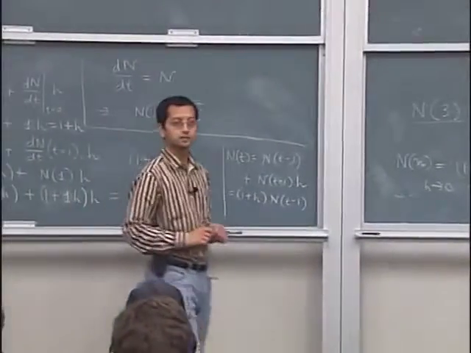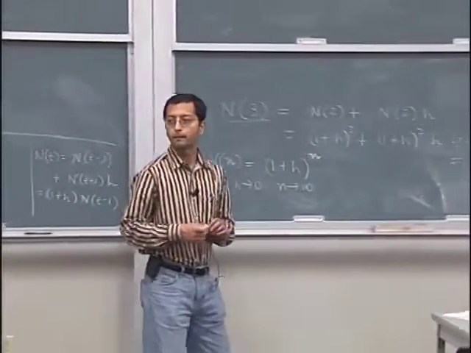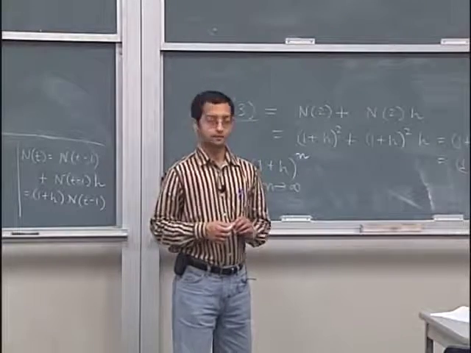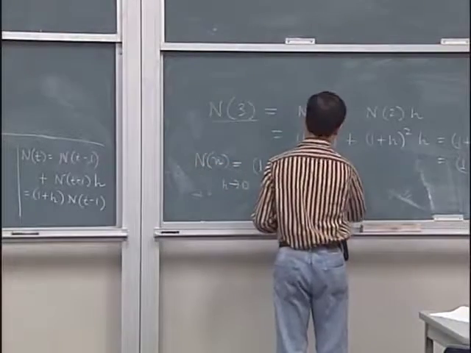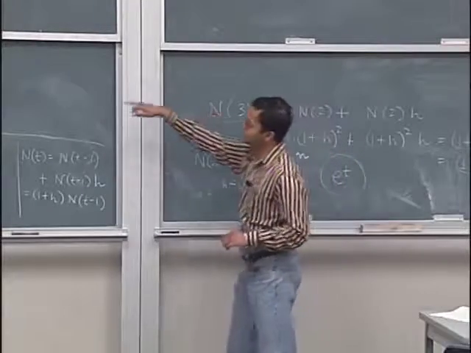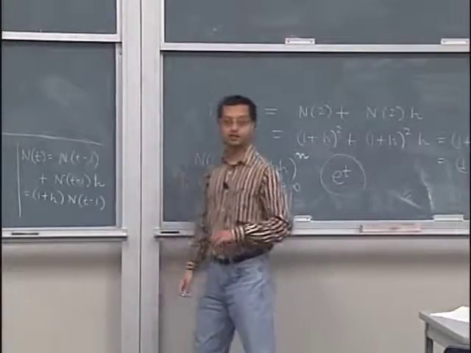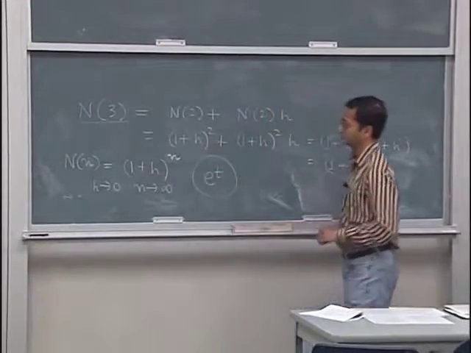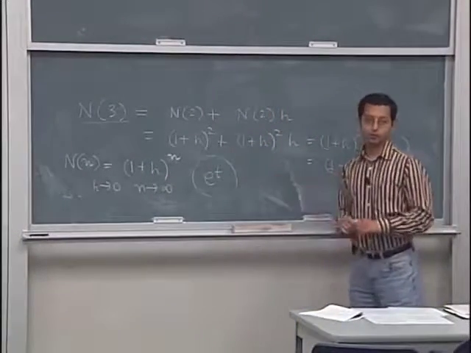It's e to the power t, which you can also get from the exact solution. If you take this limit, h going to 0 and n going to infinity, you will see exponential t.